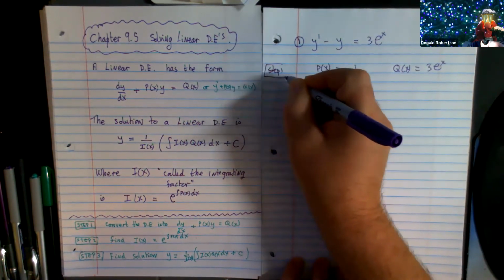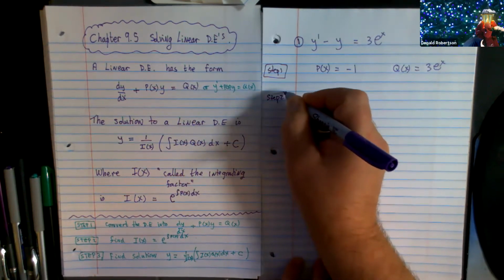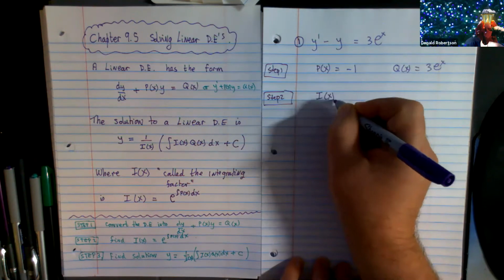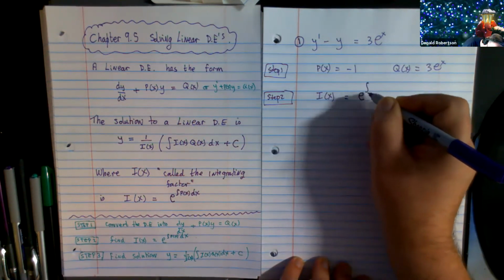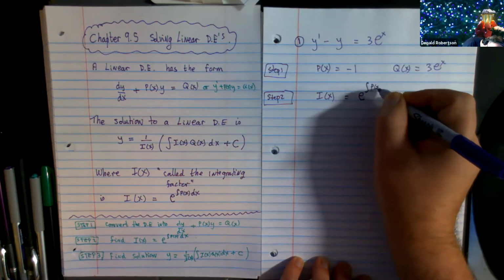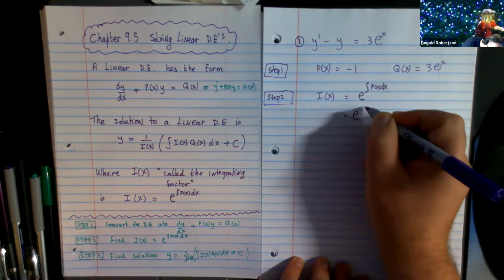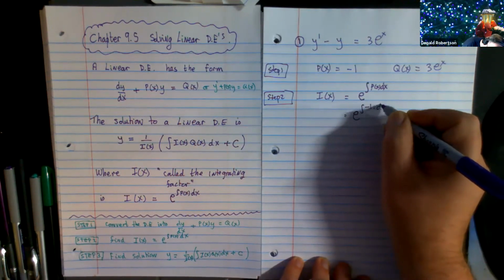Wasn't really that much. Now in step 2, we're going to find the integrating factor, this guy called I of x. It's e to the power of the integral of p. So it's going to be e to the integral of -1 dx.